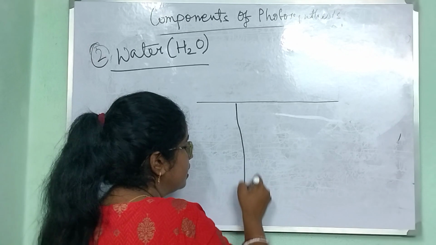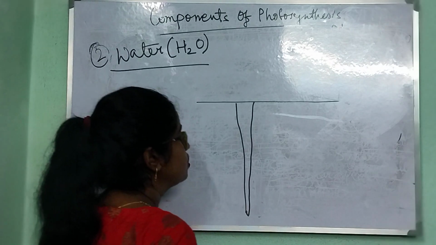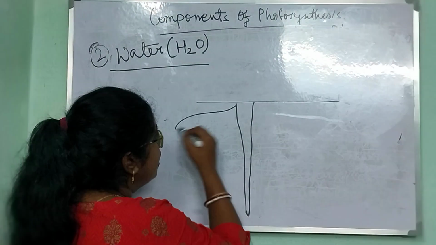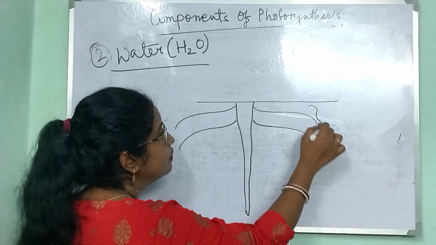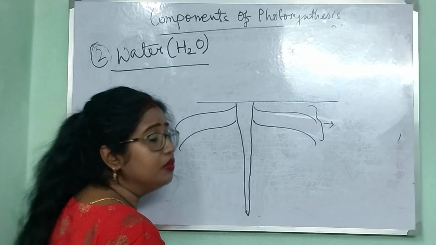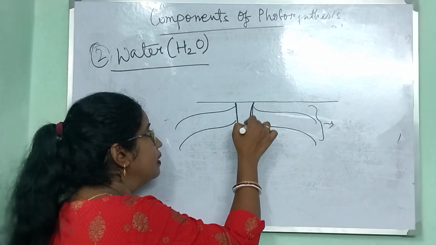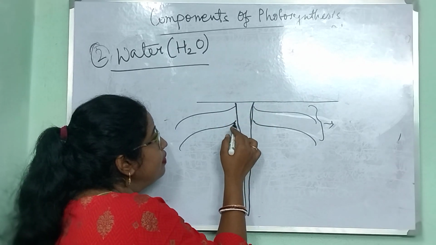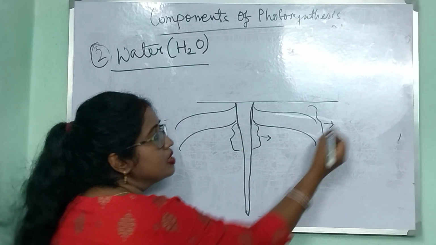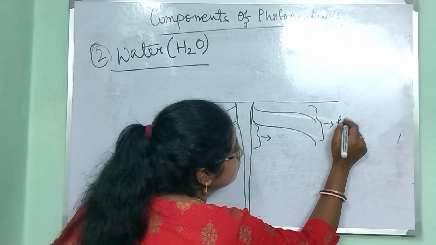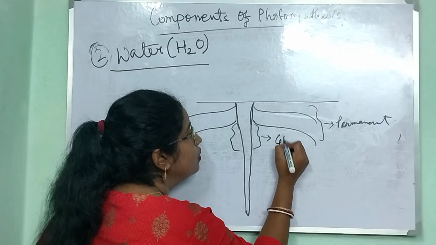If we look at the detailed structure of a root, this portion is known as the permanent region, where the roots have their branching. The second portion is the growing region.